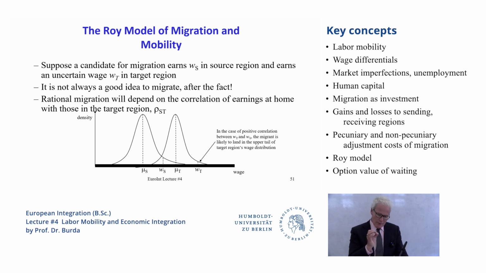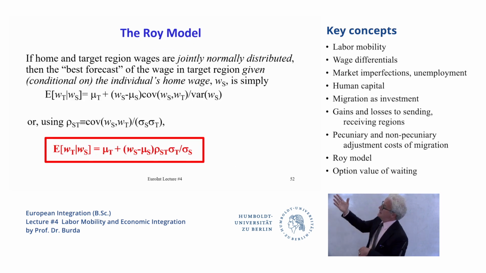Okay? So it turns out if the normal distribution is okay, if we make that assumption, then there's a nice formal outcome that looks like regression, actually. It means basically if I know the distance that I have currently from my mean and I know the correlation, I can do a best prediction of what I'll be getting abroad. And it involves something that looks like a regression coefficient. It's a simple formula like this. It's the expected value of the wage in the target country, given that I'm earning WS.